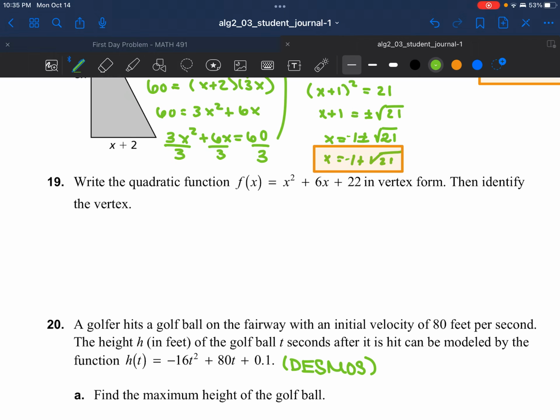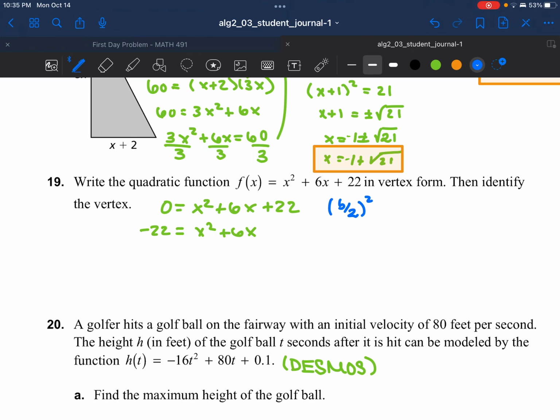All right. Now we're going to do our last part here, which is to write this in vertex form and then identify the vertex. So there's a couple ways we could do this. We could do it the way that we did in chapter 2 by using -b/2a, or we can begin to complete the square. So I'm going to write 0 equals x squared plus 6x plus 22, so -22 equals x squared plus 6x.